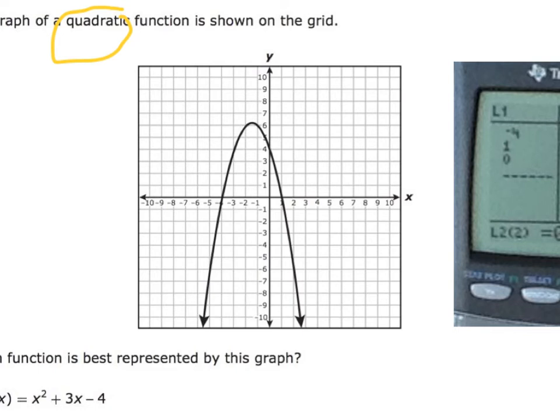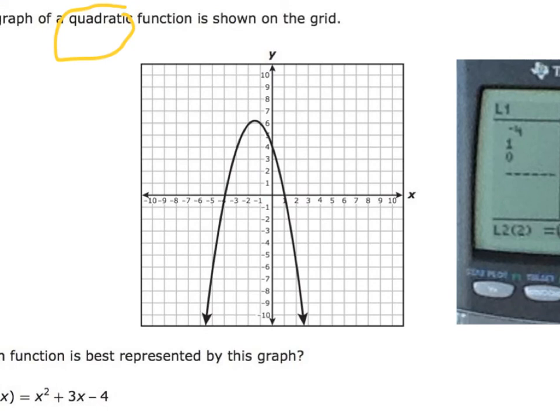But I can look on this and go, okay, I have a point right here that I can see. I have a point right here that I can see. And I have a point right here that I can see. At this juncture, I normally just set up a quick XY table and write my points down. So I've got -4, 0.